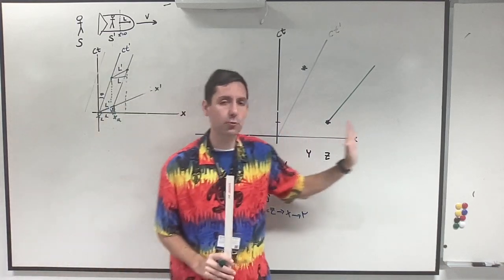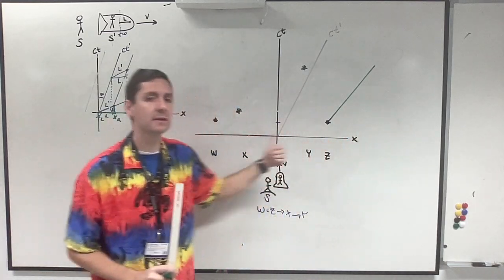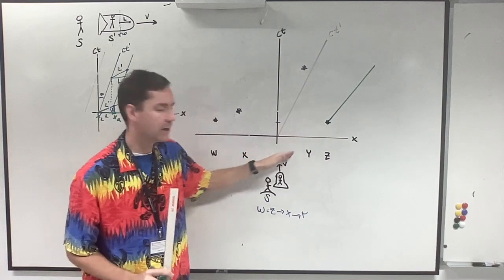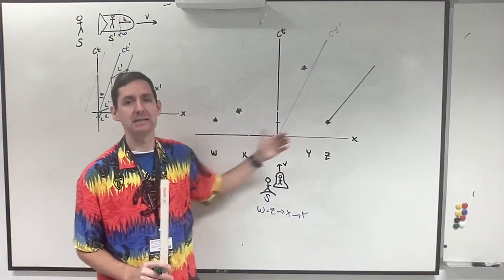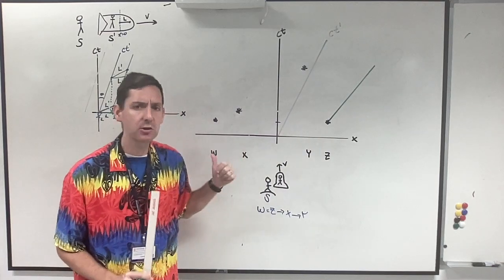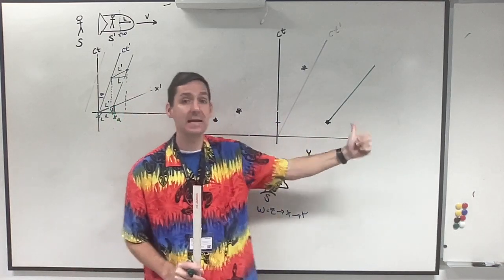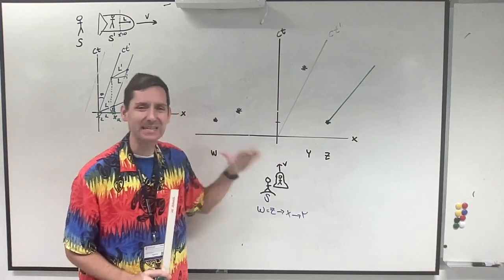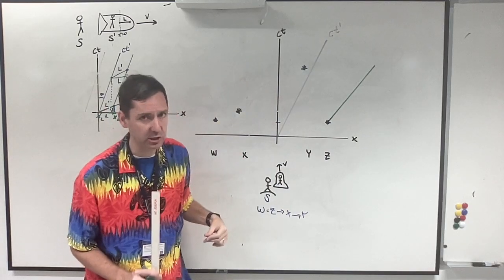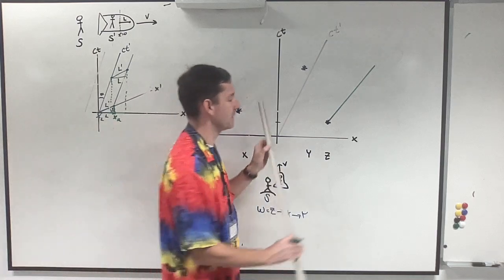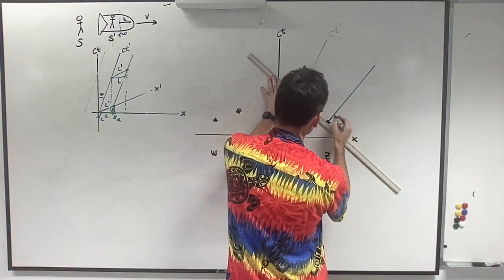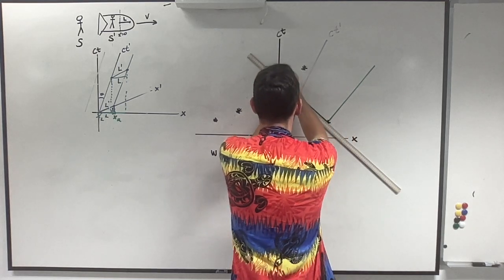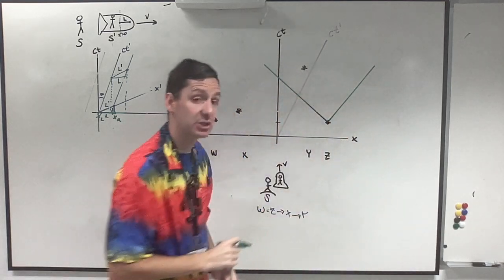Now that's going to the right. If I'm going to the left, I don't want it to go down this way because that would show that I'm going back in time as the light moves to the left. I want to be able to show that the light is moving to the right and to the left, but that time is progressing in the forward direction. So in order to do that, light, photons, are going to have a second line just like that.